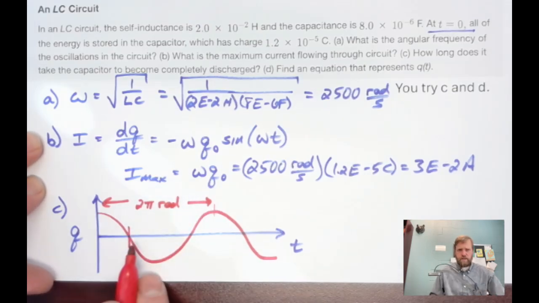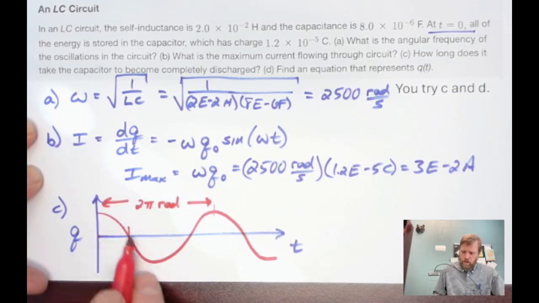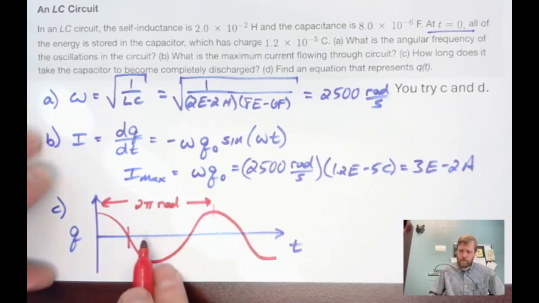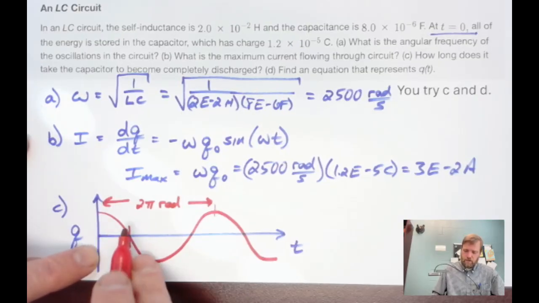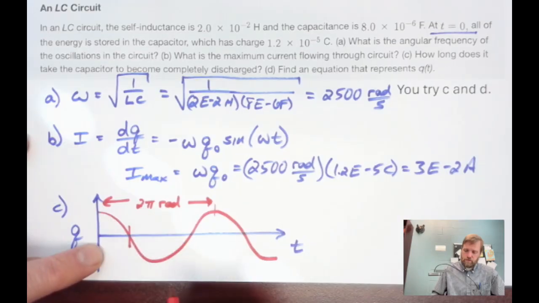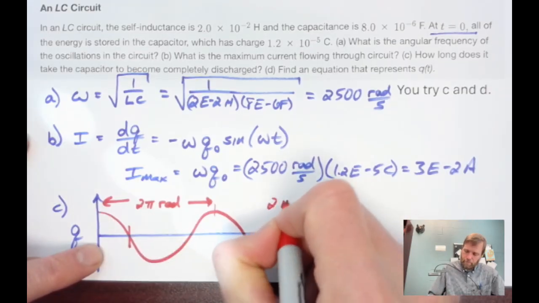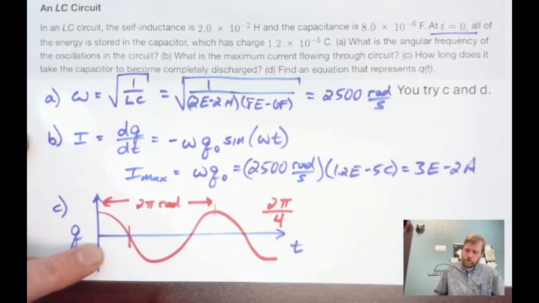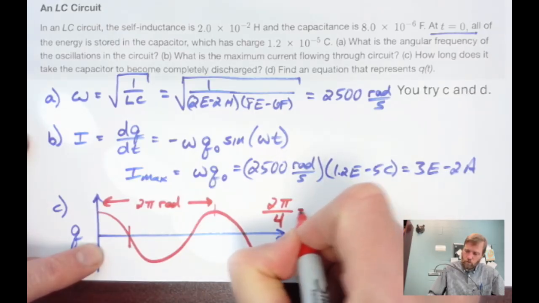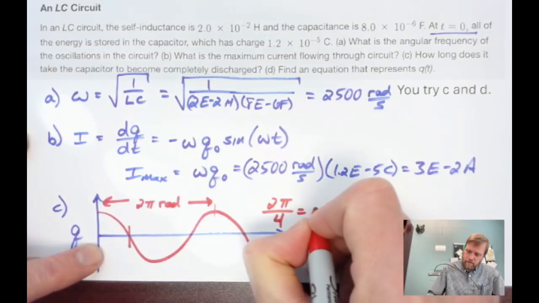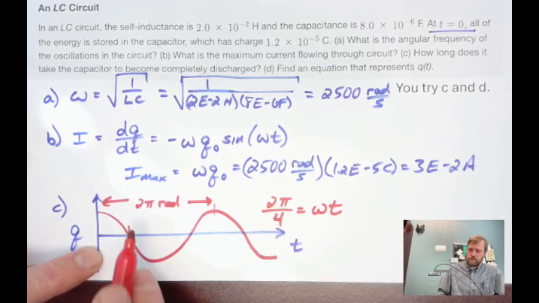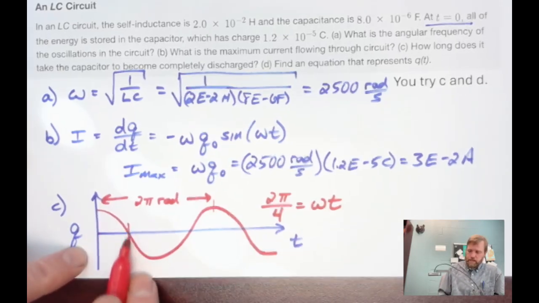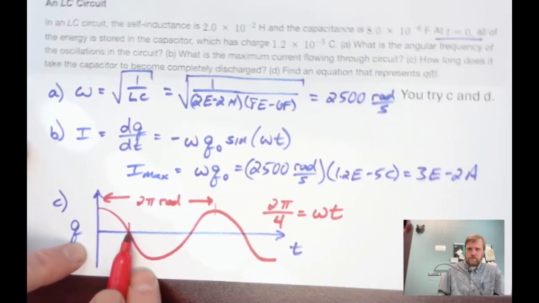This is 1/4 of a complete cycle. In other words, the argument of the trigonometric function is 1/4 of 2 pi. 2 pi over 4 has to equal omega times t, because that is when this thing is 0.